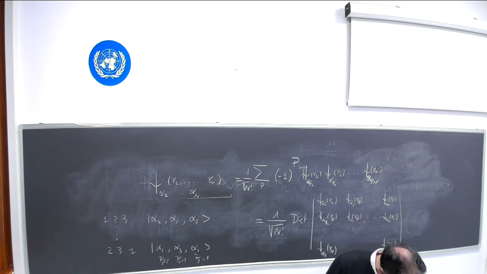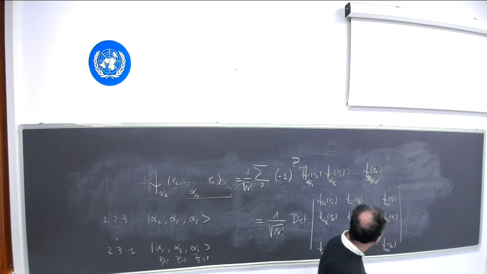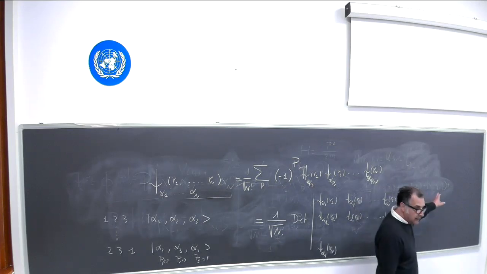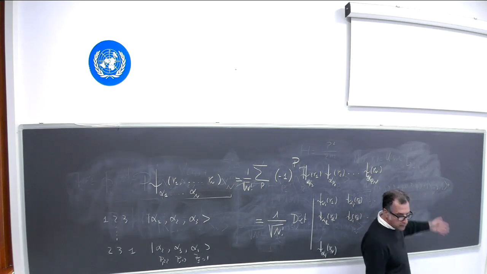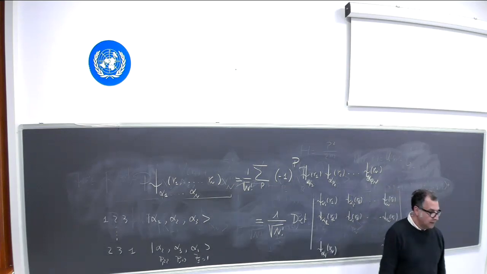Now, try to do the following. I start writing the wave function for 3 fermions. Just work it out for all the systems.